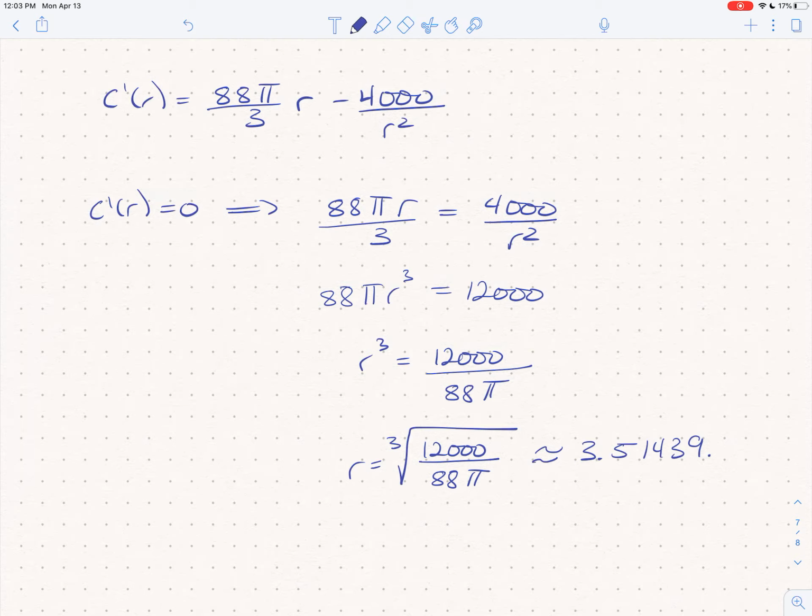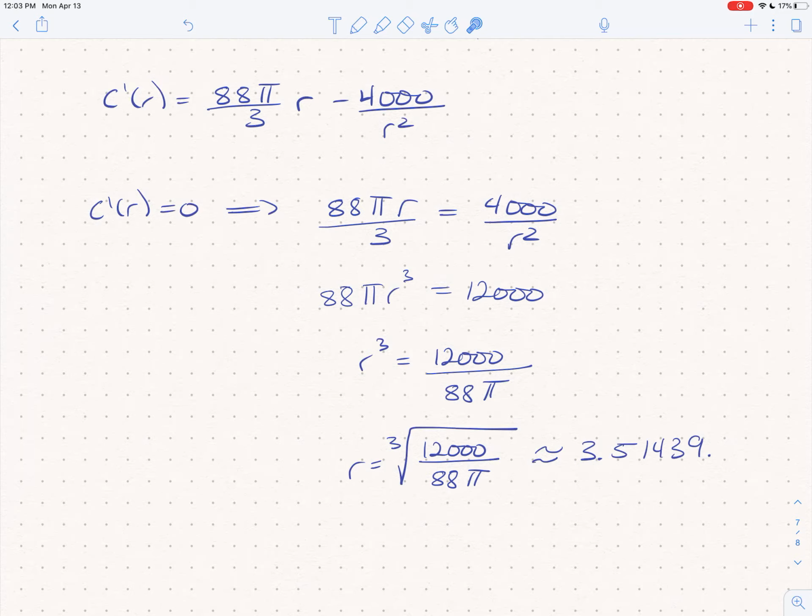That's true. But let's just imagine with me for a moment that you're working for a company and your boss tasks you with this problem. He's going to design some tanks, and you do this, and you say, okay, boss, that's the answer that is going to give you minimal cost. That's the radius. Here's the length, blah, blah, blah, blah.